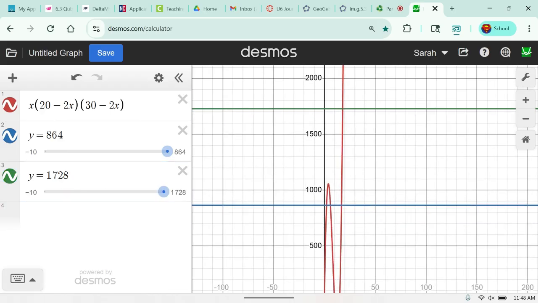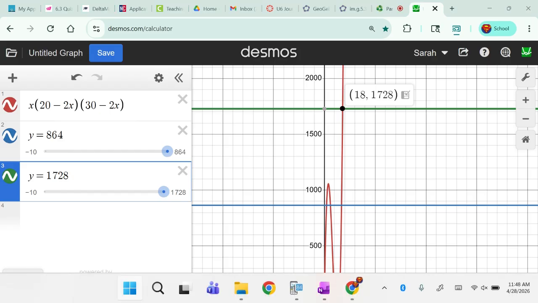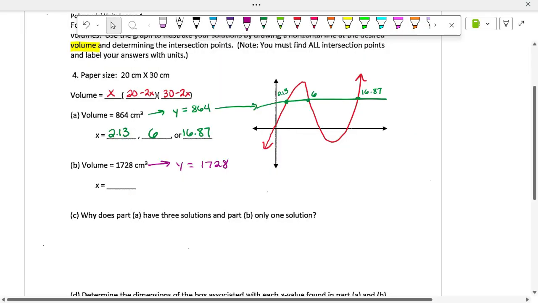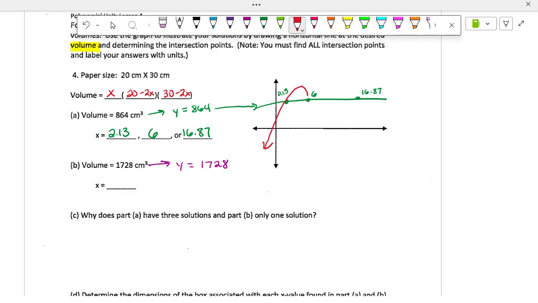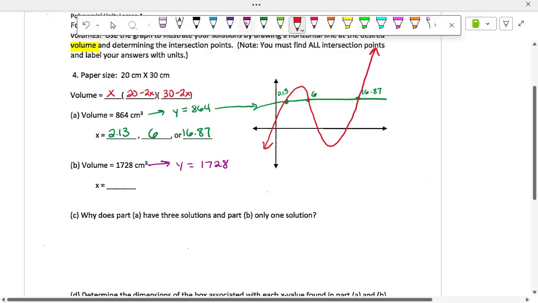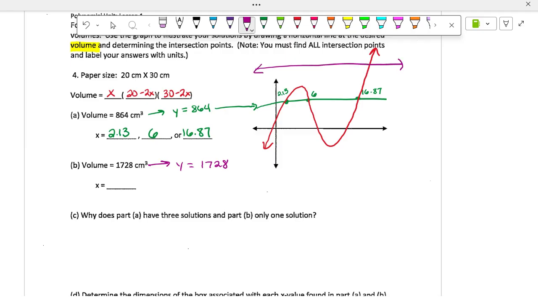Now, this one is all the way up here above the graph at 18. So I actually need to expand this line a little bit more. So this one is all the way up here at 18.